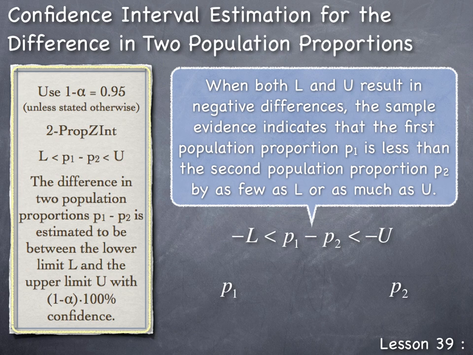So in this case, we estimate the values of the population proportions with a confidence interval.